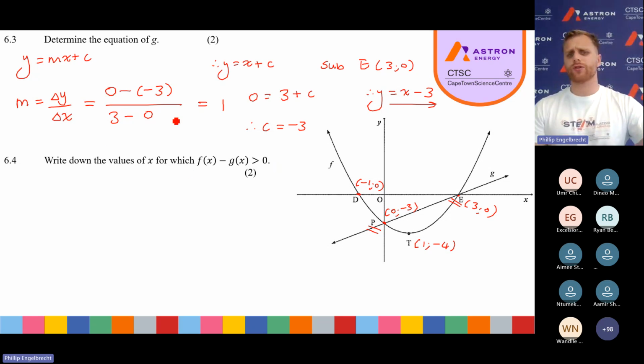So guys, I want you to try and answer this question. For which values would f(x) minus g(x) be greater than 0? You guys can answer that in the chat. I will give you 2 minutes.